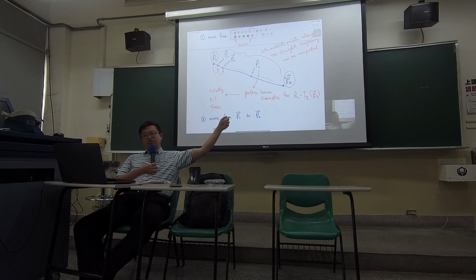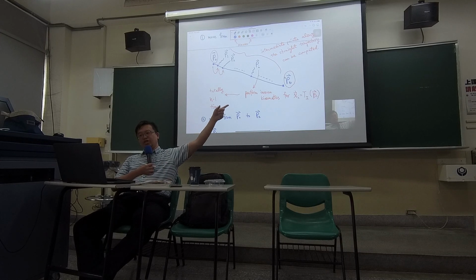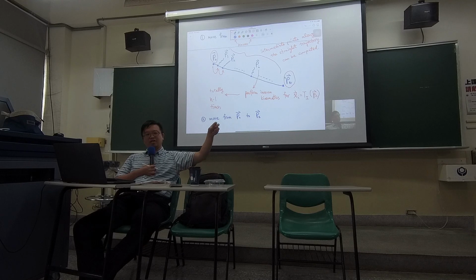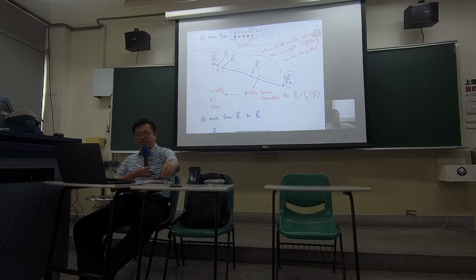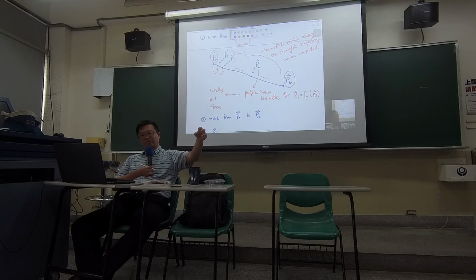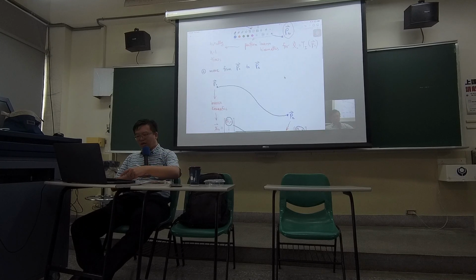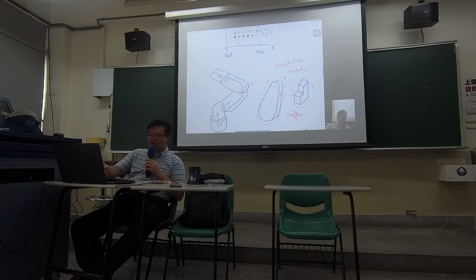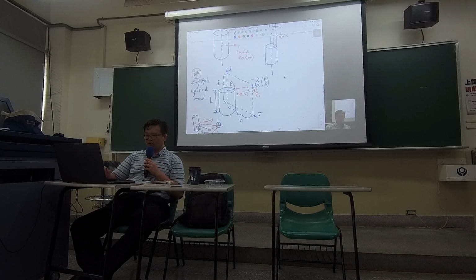If you are moving straight, then you need to perform inverse kinematics for every intermediate point. And for every intermediate configuration, you determine the shortest distance between the obstacle and that configuration. Okay? So let me write down a procedure, like a general procedure.